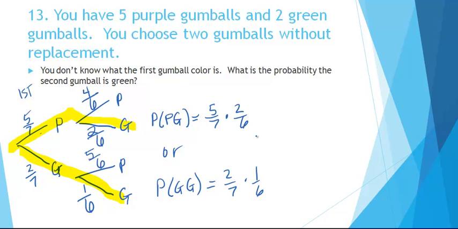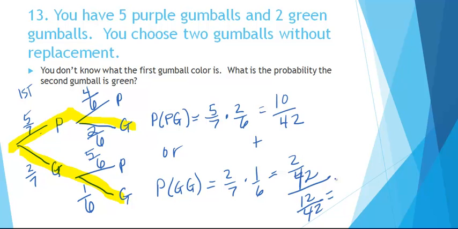Or means we add these. 5 times 2 is 10, and 7 times 6 is 42. Then 2 times 1 is 2, and 7 times 6 is 42. So this is 12 out of 42, which is equal to 2/7. That is the probability that the second gumball is green.